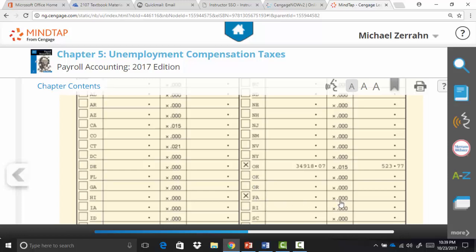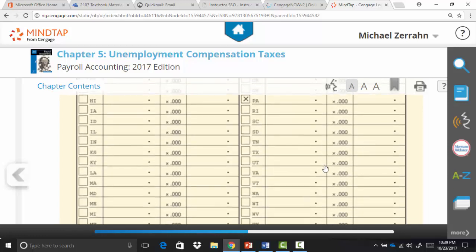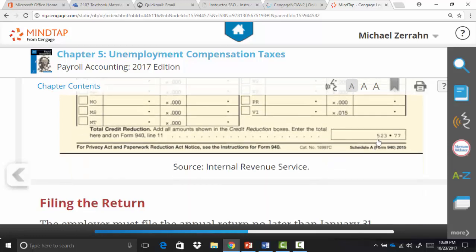Pennsylvania has no tax, so we don't have to worry about it, where Ohio has 0.015. So we take the wages earned in Ohio, multiply by 0.015 to get our $523.77. We add up all of our states, and we bring this number down over to our Form 940.